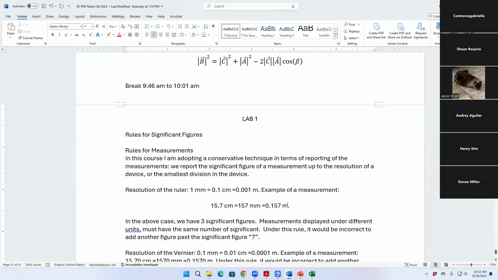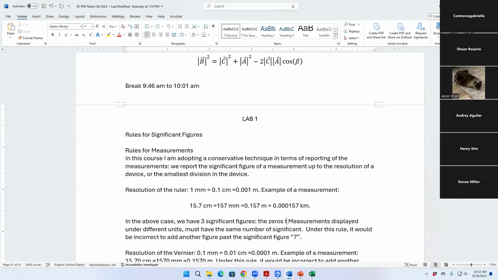And if I'm going to write that in kilometers, the same thing applies. I can write like 0.000157. Let's see if we have it: 1, 2, 3. Yeah, we can put this measurement in kilometers as well, and we're still going to have 3 significant figures, because these zeros to the left of the leftmost significant figure are not significant. I'm going to write that down here too.